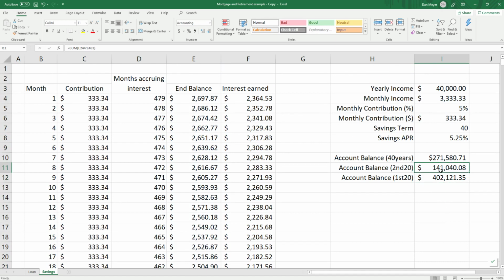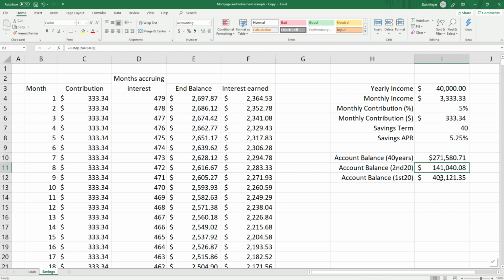Okay, so again, the things that we are exploring so far in class are these two people: the person who saves evenly for 40 years and the person who saves double the monthly payment for the second 20 years. Notice how much smaller the balance is for the second person. Okay, but the new thing that we're looking at is that first person. Holy cow! Look at how much more money they have than the person who saved evenly for 40 years.